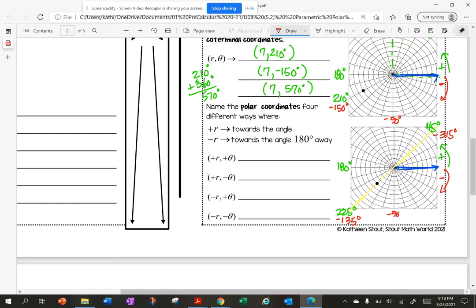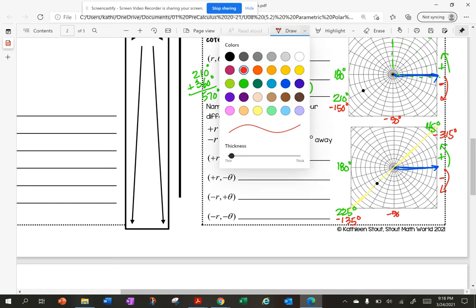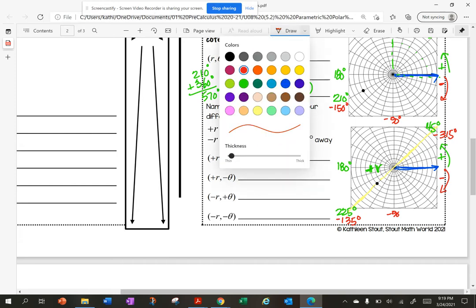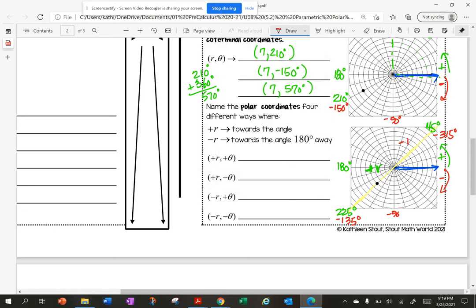Okay, so now let's talk about a positive R. I'm going towards the angle where the point is. So this is going to be my positive R, and my negative R is going to be in the direction that's 180 degrees away.